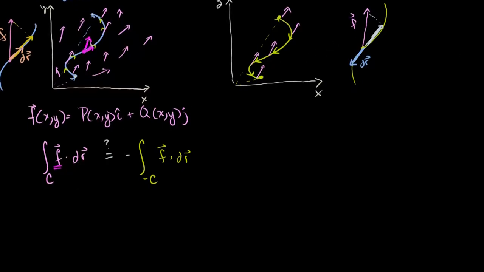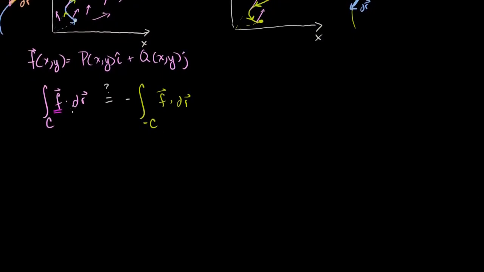So let us first figure out, let's write an expression for the differential dr. In this case, dr/dt is going to be equal to x prime of t times i plus y prime of t times j.